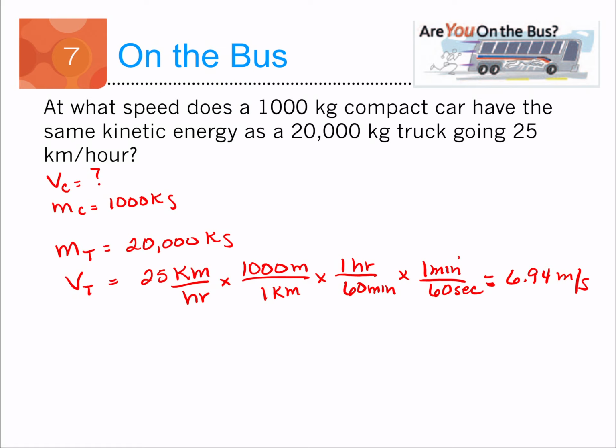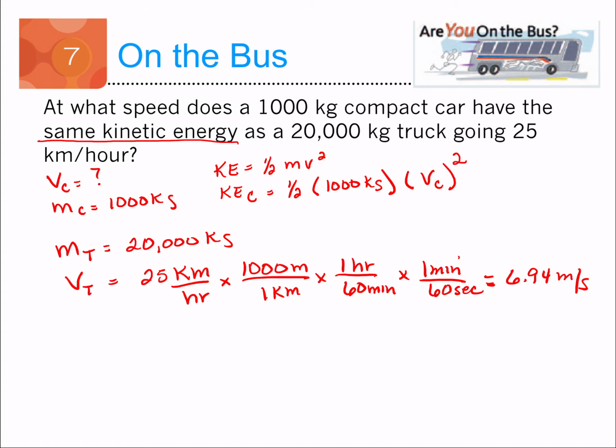Okay. So we want to know same kinetic energy. So that tells us we have to find out the kinetic energy of both the car and the truck. Well, we have the kinetic energy, remember, equals 1/2 mv squared. So kinetic energy of the car is going to be 1/2 times 1,000 kilograms times v of the car all squared.